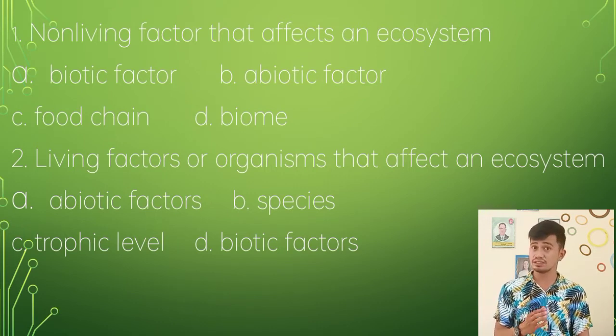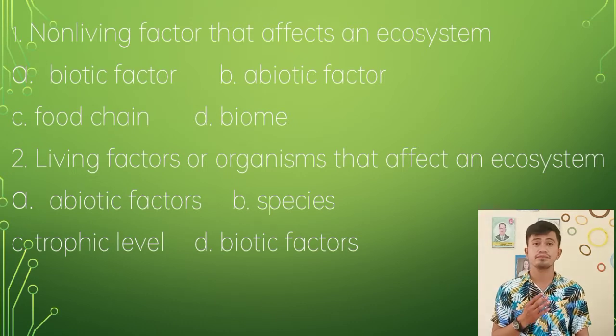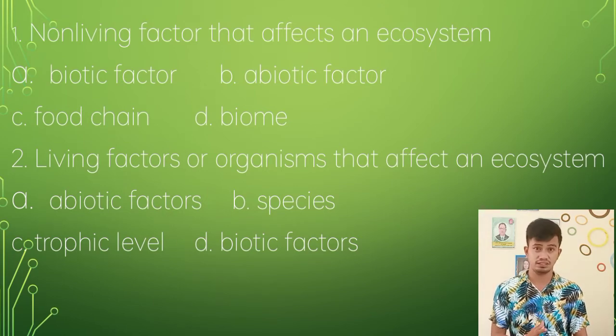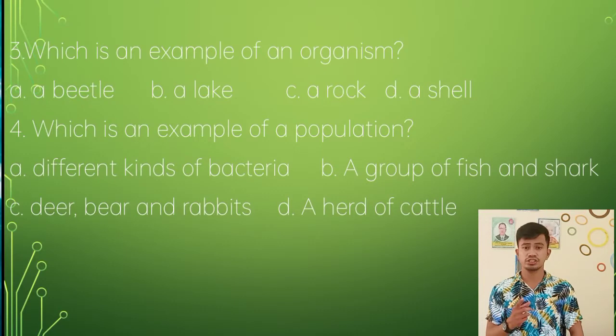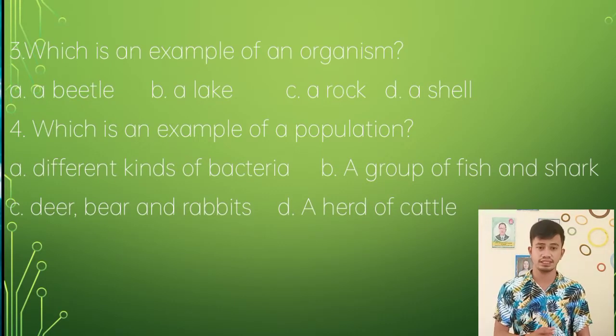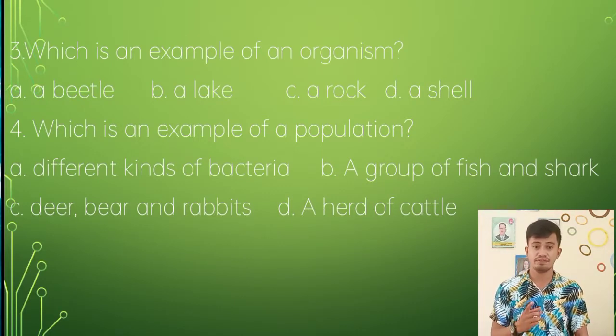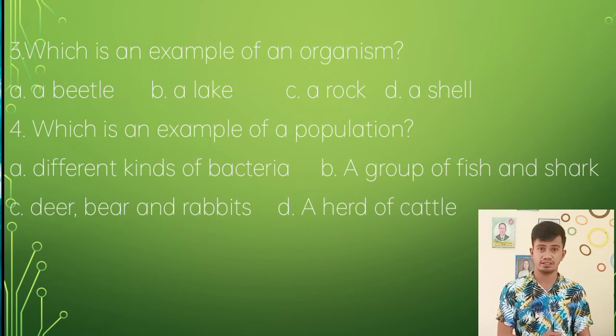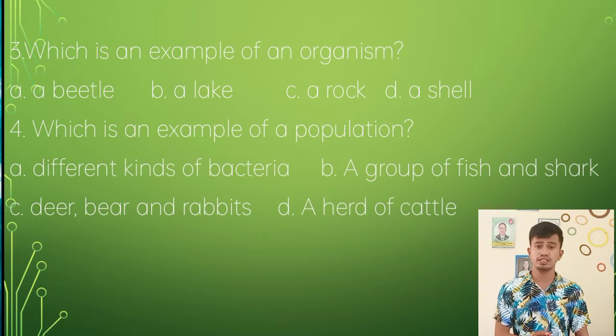The correct answer is letter D, biotic factors, because we are dealing with living things. Number 3, which is an example of an organism? A, a beetle. B, a lake. C, a rock. D, a shell. The correct answer for number 3 is letter A, a beetle.